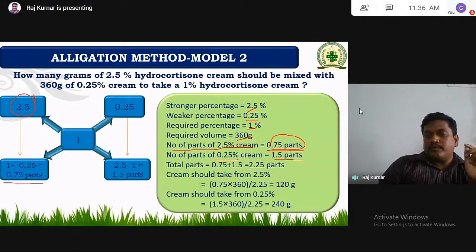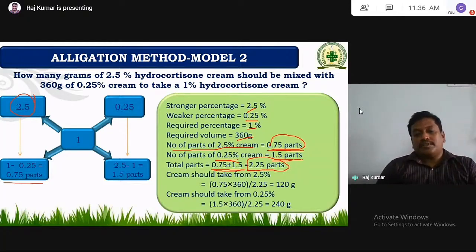So let us calculate the total parts. 0.75 plus 1.5, total will be 2.25 parts.